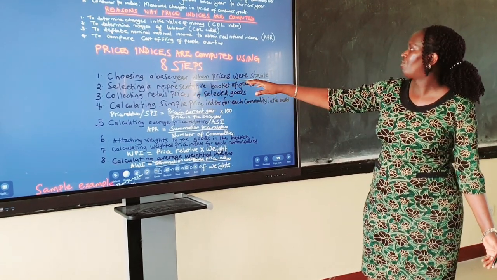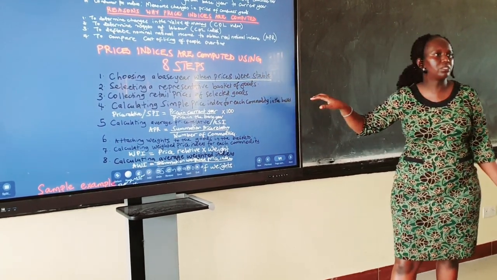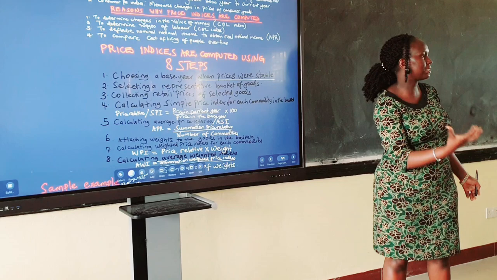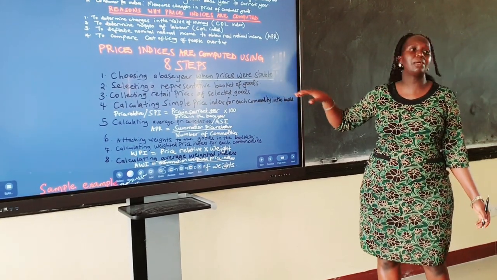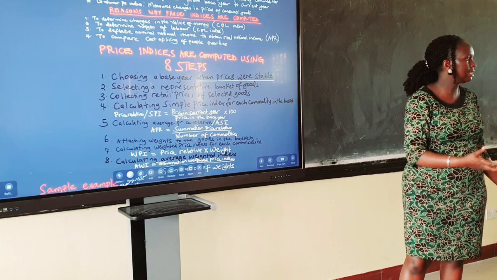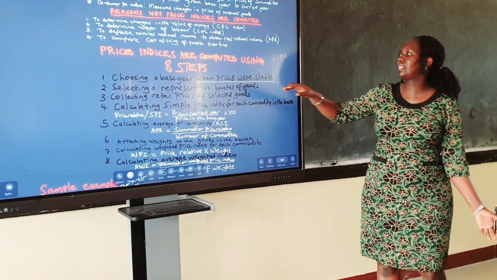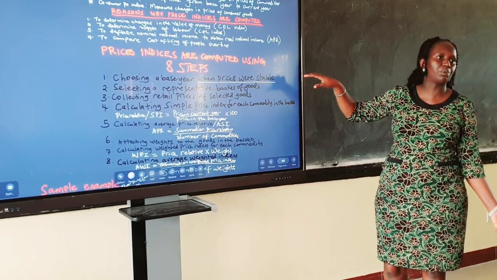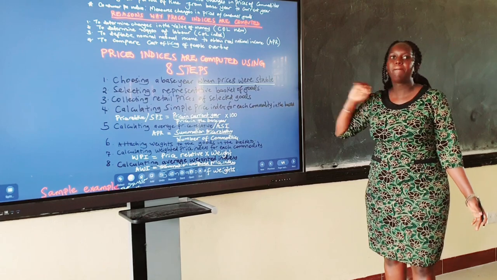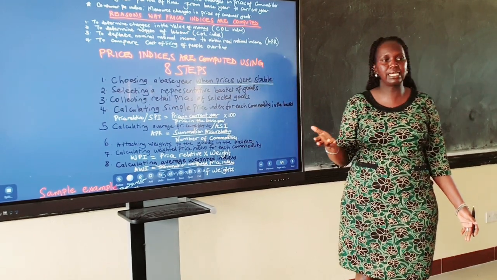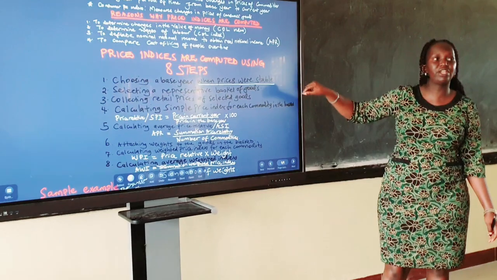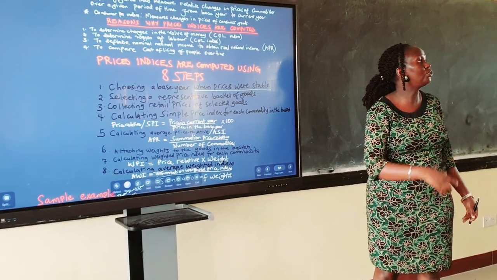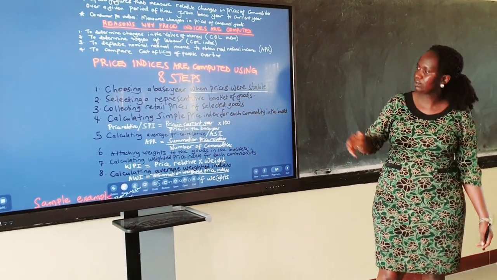Number two, from selecting a basket of goods, we find a challenge of selecting a representative basket of goods, because people have different tastes and preferences, and those tastes and preferences also change.